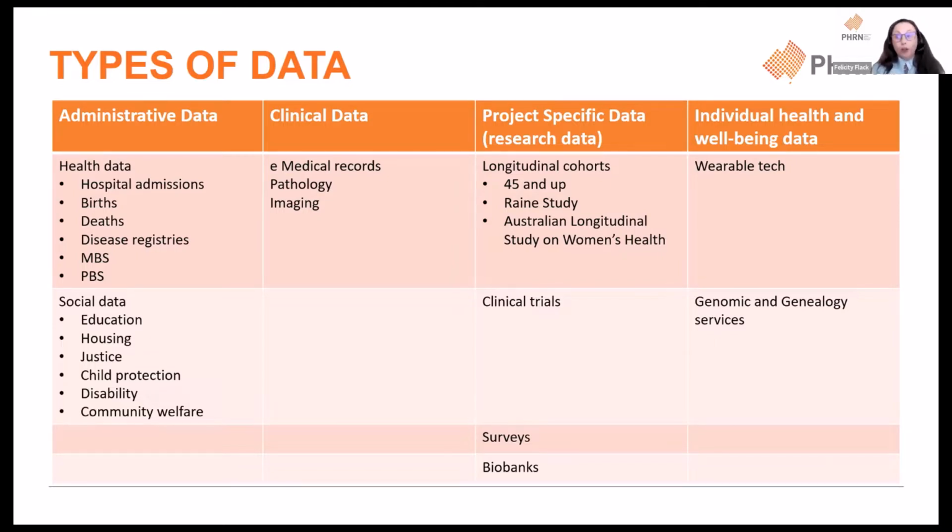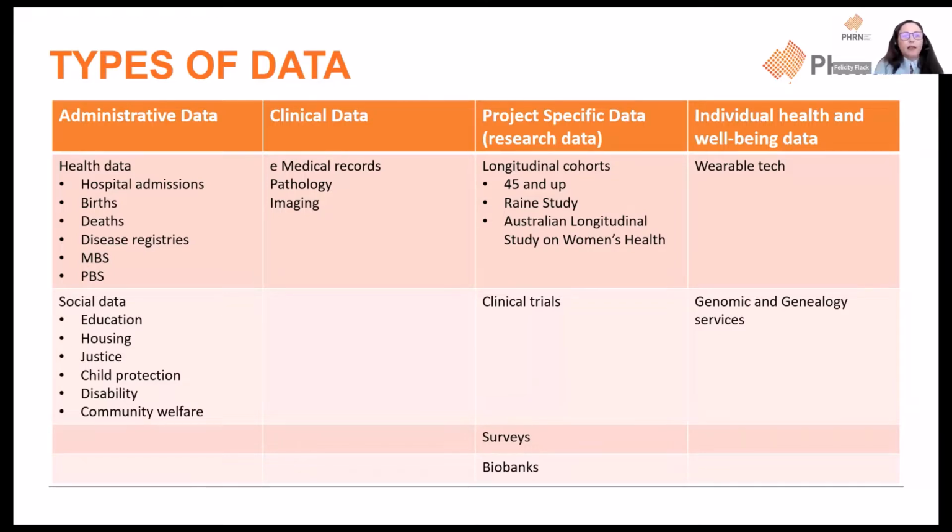We link a lot of health data, and a lot of health researchers use it, but we also link other kinds of data, what you might call social or human service data. So things like education, housing, justice, child protection data, disability data, and other community welfare data. So that's what we call administrative data. It's generally collected across the entire population, and over long periods of time.